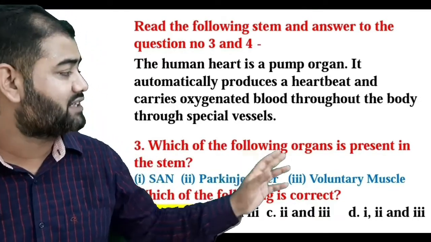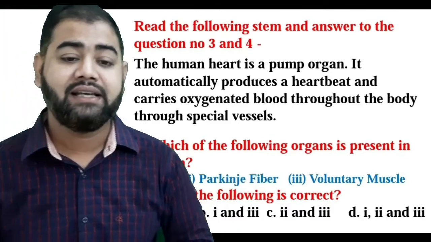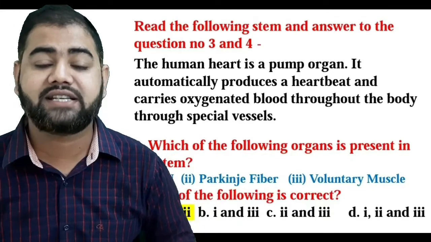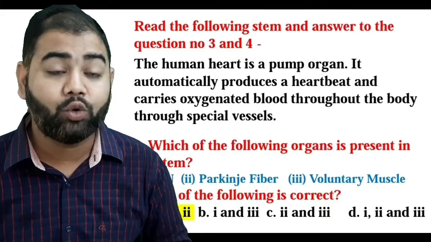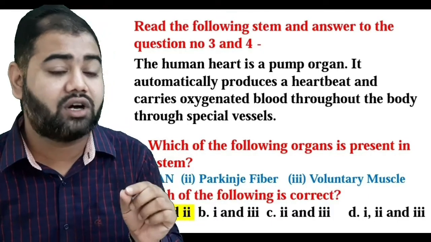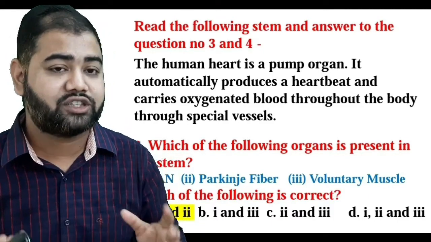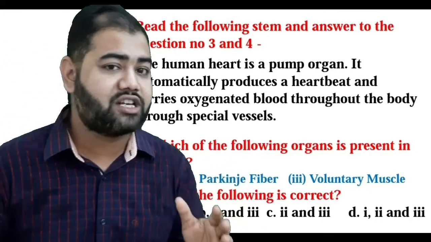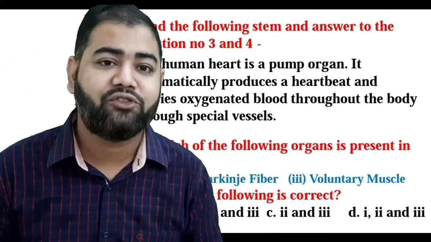Option 3, voluntary muscle, can contract and expand at the will of the animal. That's why it is called voluntary muscle. So dear students, the correct answer is SAN or sinoatrial node and Purkinje fiber.